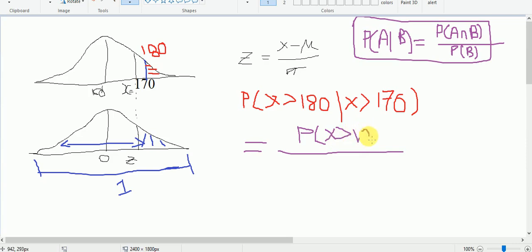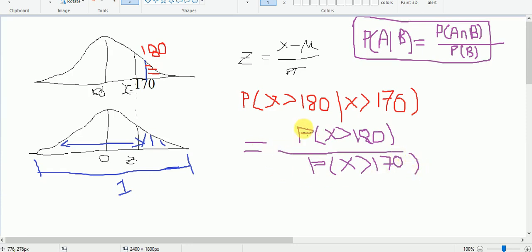That is the value that it's going to turn out, and the earlier one will remain the same, which is probability of x greater than 170. Probability of x greater than 180.